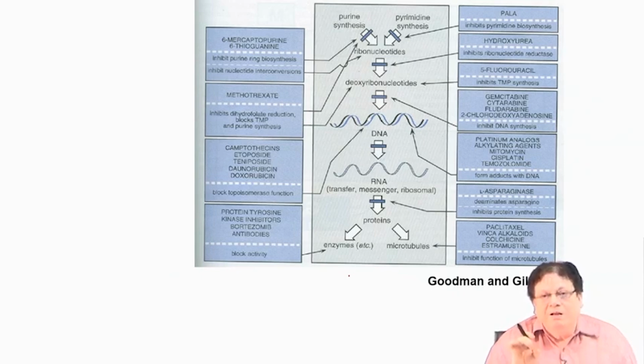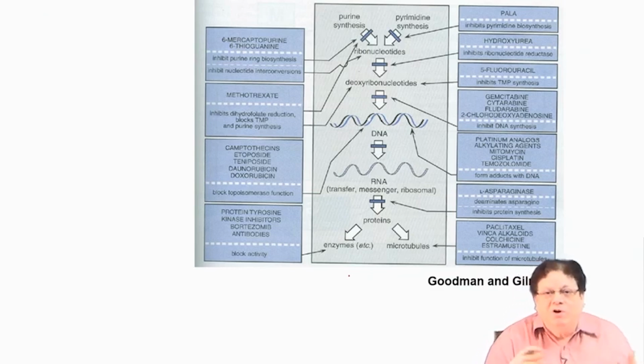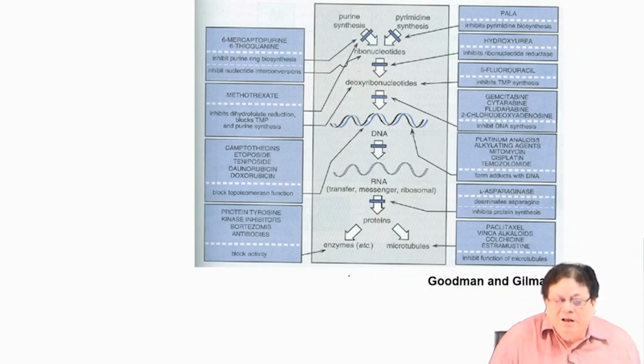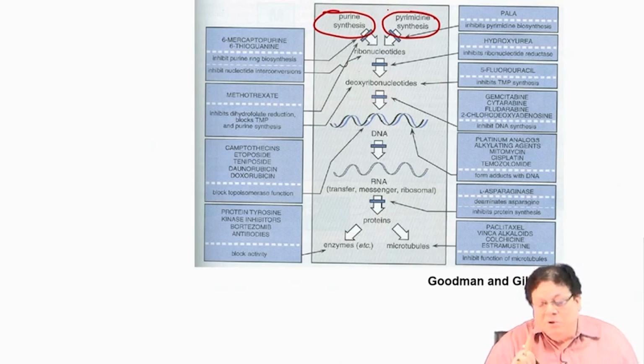You have to prepare, you have to make all the molecules which are needed for a cell to perform its activity. Okay. Now, it all starts with what? First the cell has to get the pyrimidine and the purine bases. So, they have to be biosynthesized, okay.